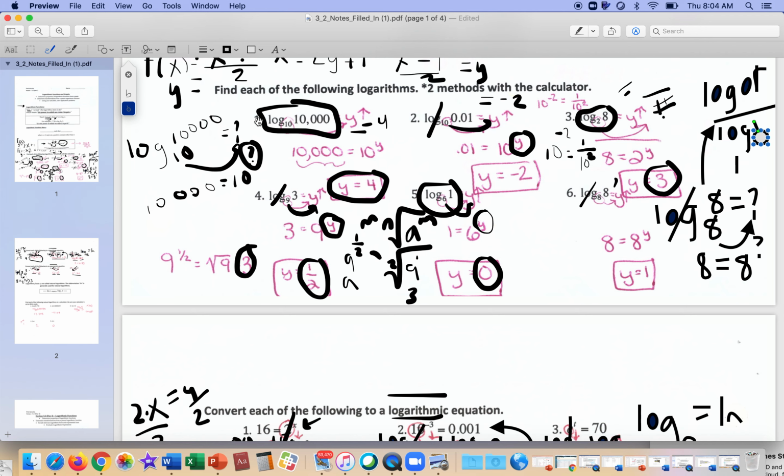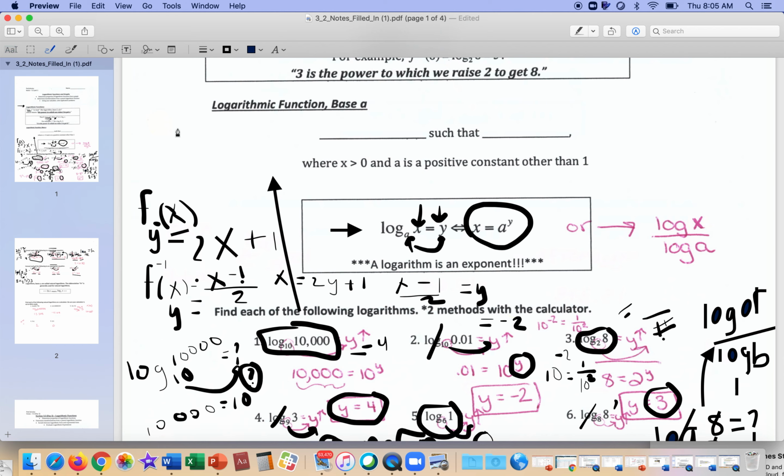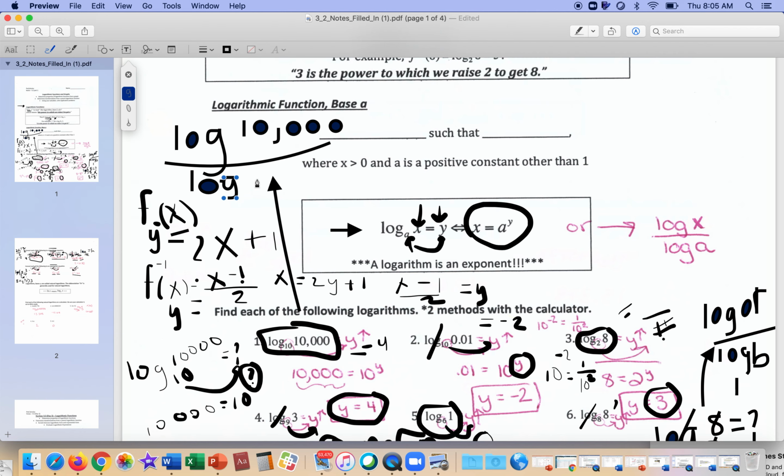For example, if you were trying to do number 1 in your calculator to evaluate it, you would do log of the top value, so we'd say 10,000, divided by log of the base.